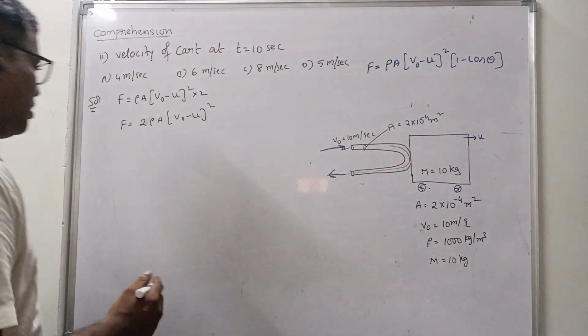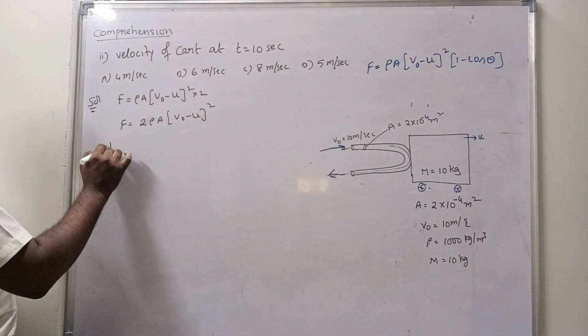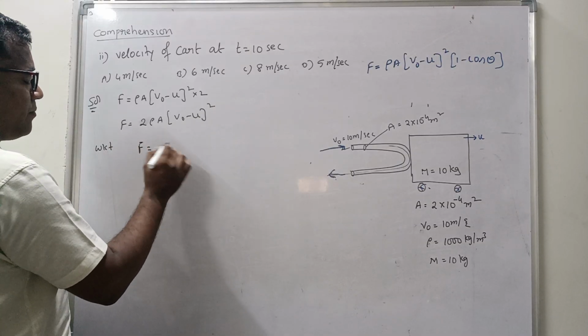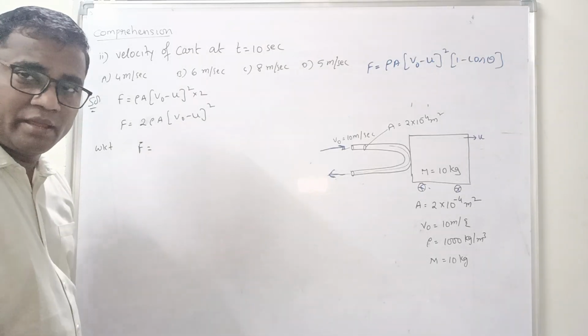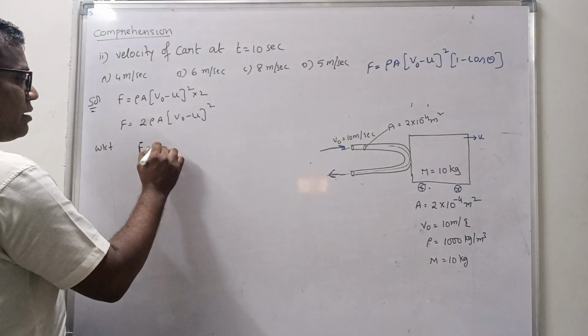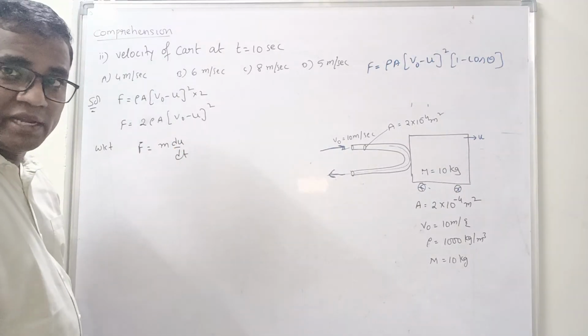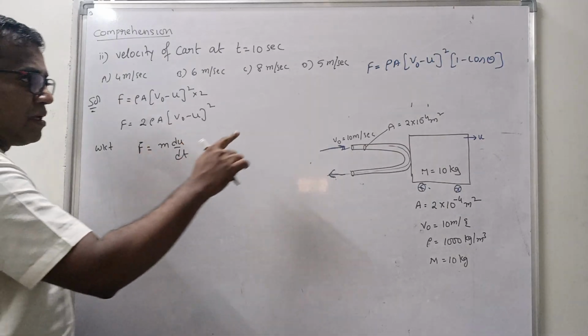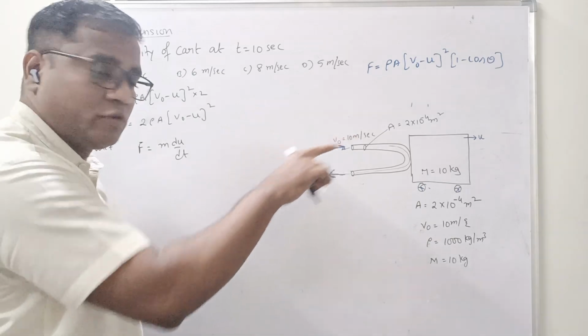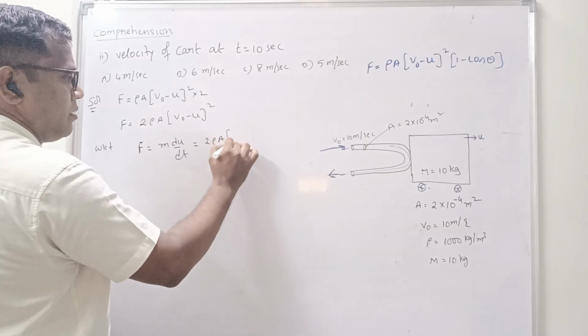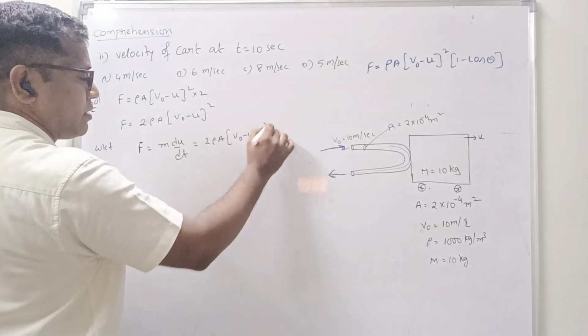So we know that F is equal to ma. So I will write m du by dt. Because here V is constant, the cart velocity is only in terms of u. That's why I wrote du by dt, which is equal to 2 rho A (V naught minus U) whole square.